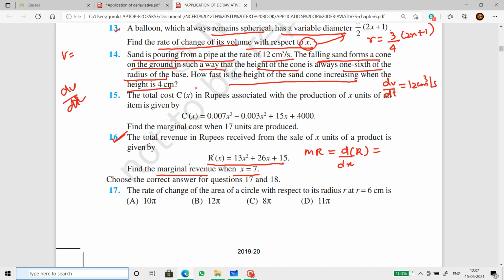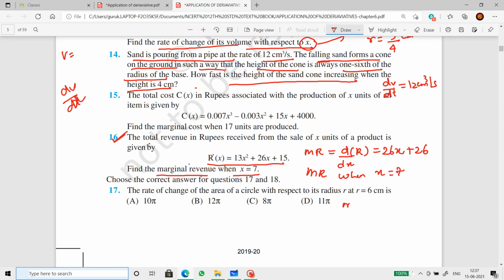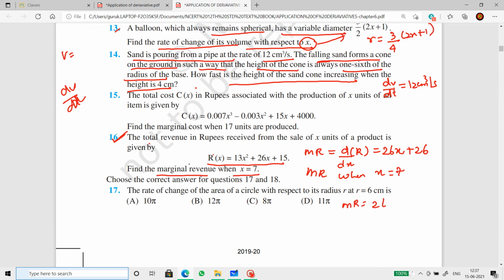And what is that? 13x square plus 26x plus 15 differentiation. So we get 26x plus 26. Now find MR when x is 7. So MR equals 26 into 7 plus 26. That's it, we got it.